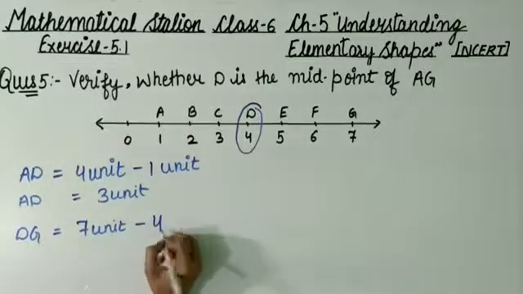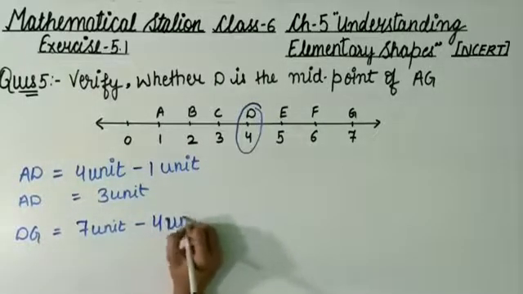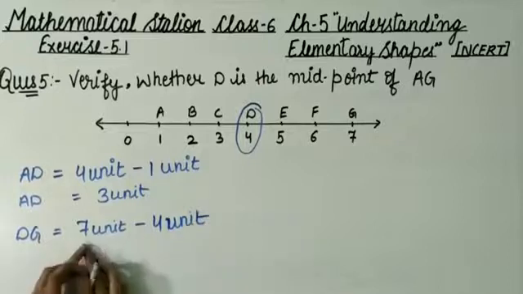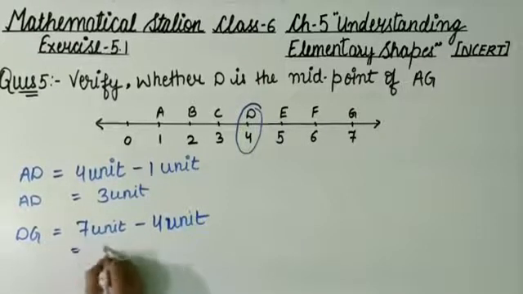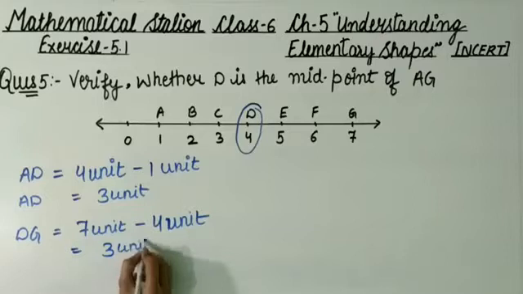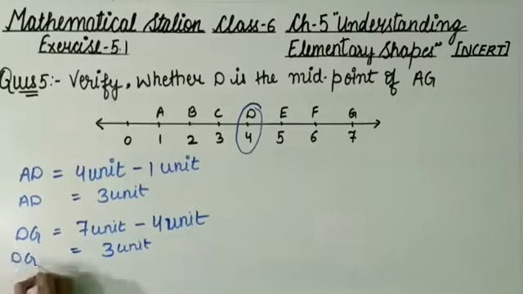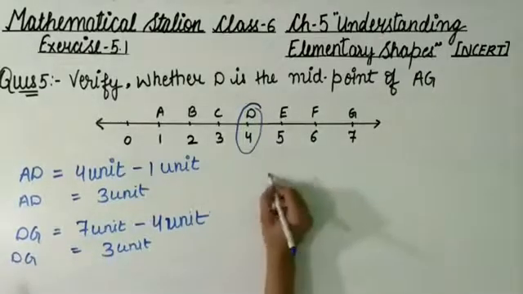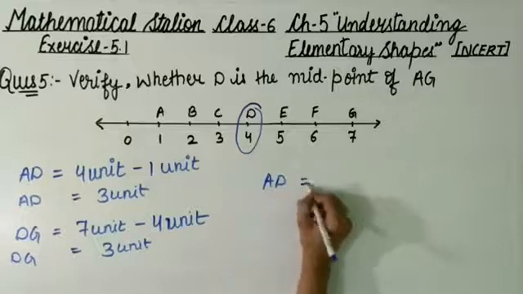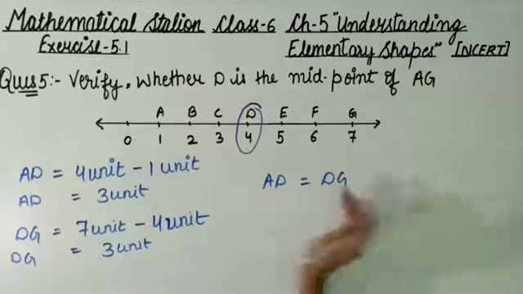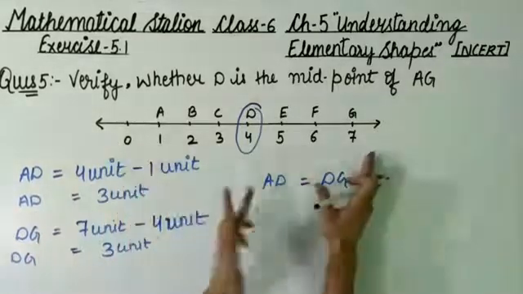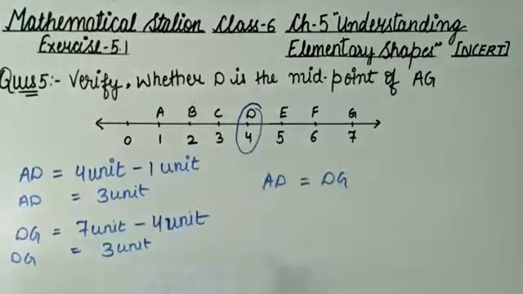After subtracting 4 unit from 7 unit, it is 3 unit. DG is also of 3 unit. Both are of 3 unit. Then AD is equal to DG. Since AD and DG are of equal length, therefore point D is the middle point of AG.